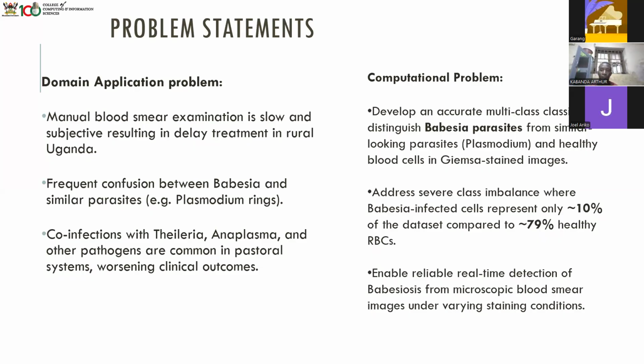We also need to address severe class imbalance, where Babesia-infected cells were represented by 10% of the dataset compared to healthy ones. We need to enable reliable real-time detection of Babesia from microscopic blood images under varying staining conditions.